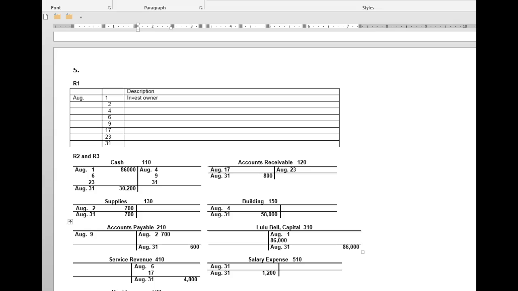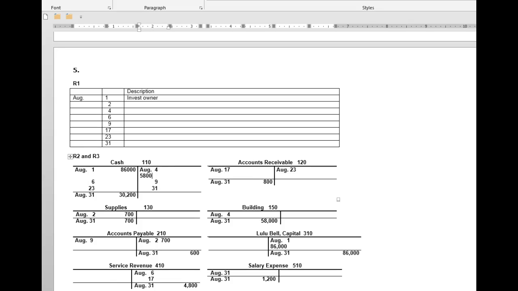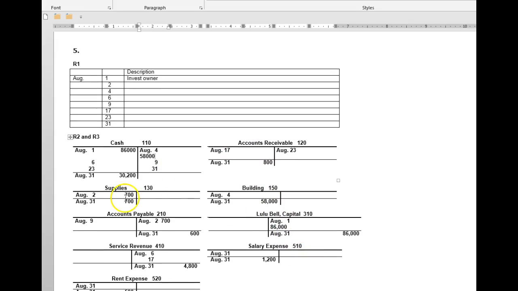Now we'll do one more. They paid $58,000 for a building. So instead of debiting cash, we're taking cash out. So that's $58,000. It comes out. And where's our land? We should have land someplace.